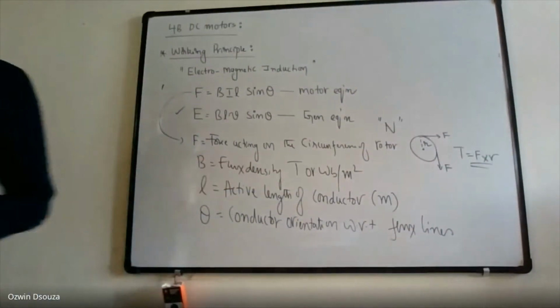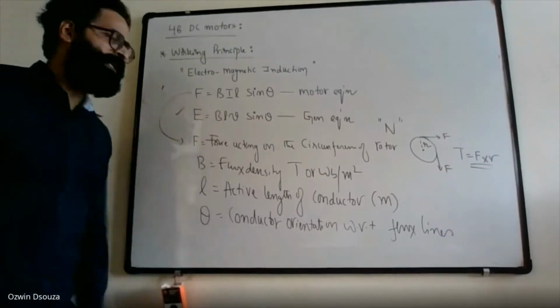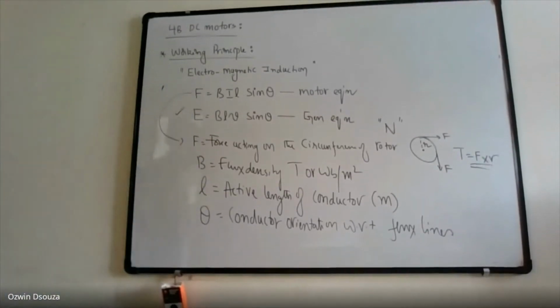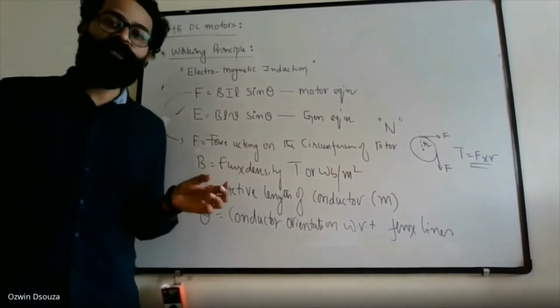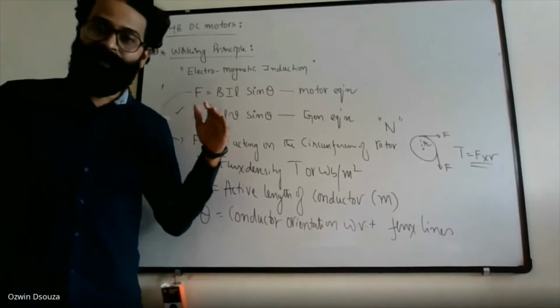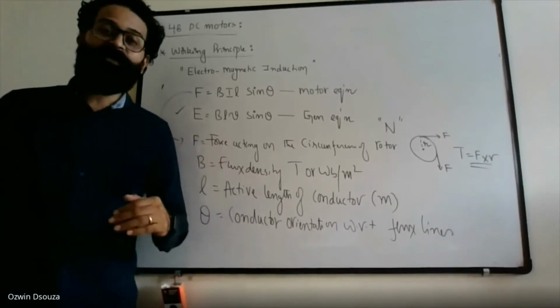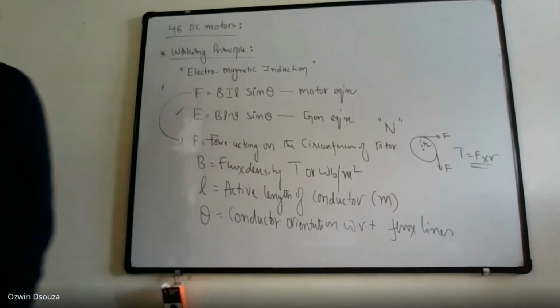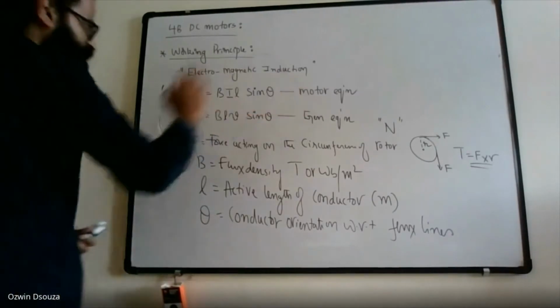It is similar to the directions we considered while deriving the expression E is equal to BLV sin theta. The conductor may be oriented in such a way that its movement is parallel with the flux lines, or perpendicular to the flux lines, or inclined at an angle theta with respect to flux lines. That's your inclination angle theta. So this is the equation for force.